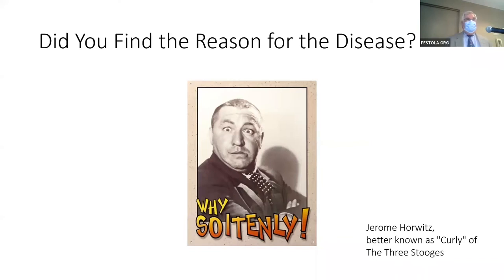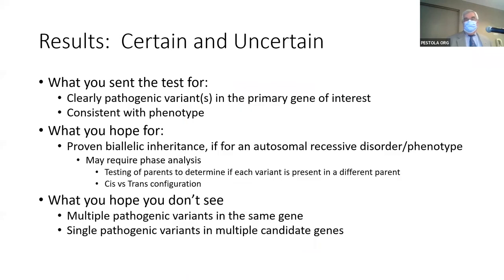So of course, we know the answer. We slightly found the reason, thanks to Jerome Horowitz. If you found what you were hoping for, you got clearly pathogenic variants in the gene of interest, and it's consistent with the phenotype, then you hope it's proven by allelic inheritance, because you could have two pathogenic changes on one copy of the gene, none on the other, and for a recessive disorder, that does not give you the full phenotype.